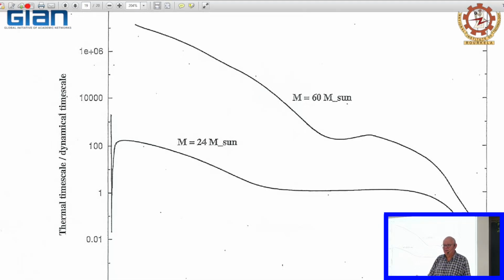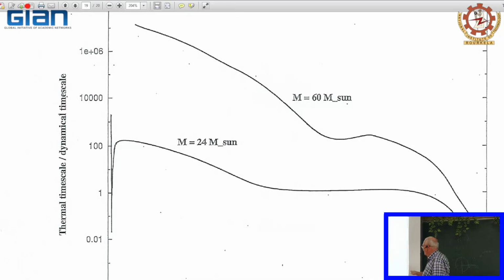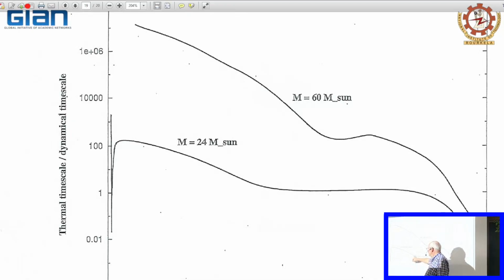So we have adiabatic changes of state here. Whereas once we go to the surface of the star, this ratio drops below unity, either here for the 60 solar mass object in the outer 10% of the radii, whereas for the 24 solar mass star, it's of order unity or below in the outer 50% of the star.